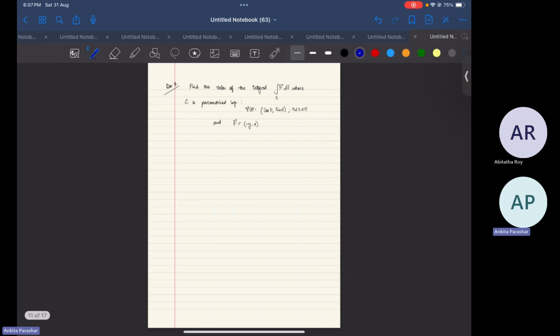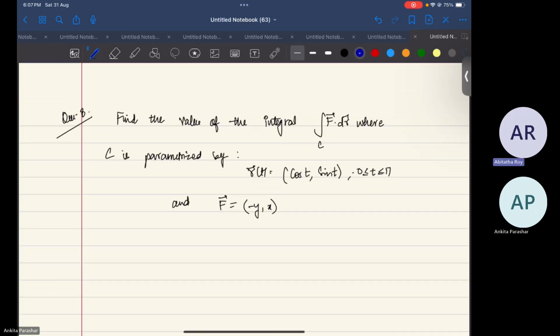Then let's compute certain things. Here we have to find the integral of F dot dr over the curve. See, remember F is a vector valued function.